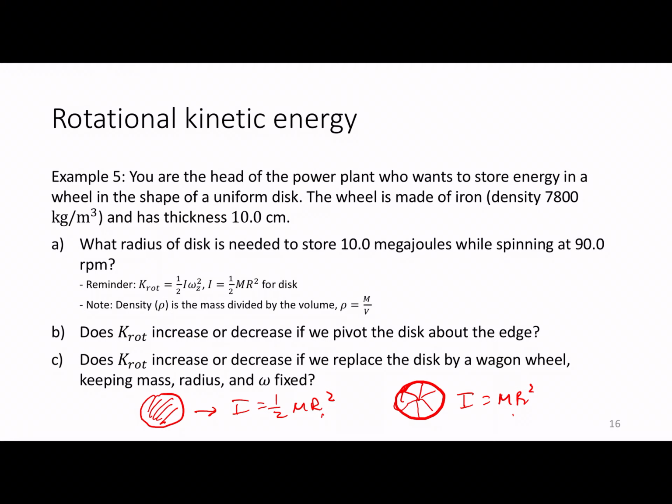So if I really want to store as much energy as possible, I want to use these very thin spokes, and then focus my mass around the edges. That turns out to be really important in many examples. Bikes, for example, that's the reason bike tires look like this.